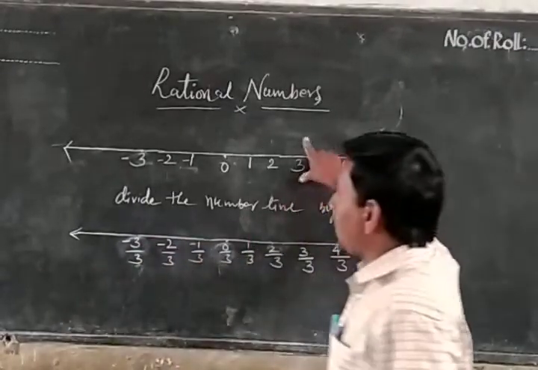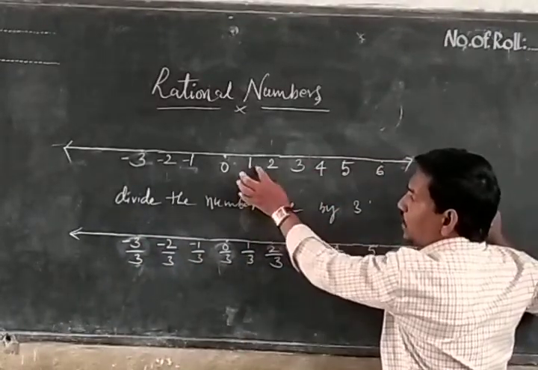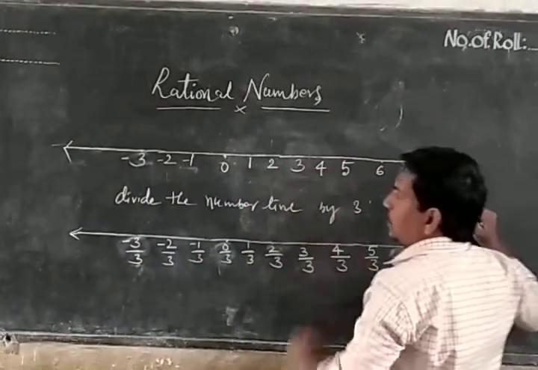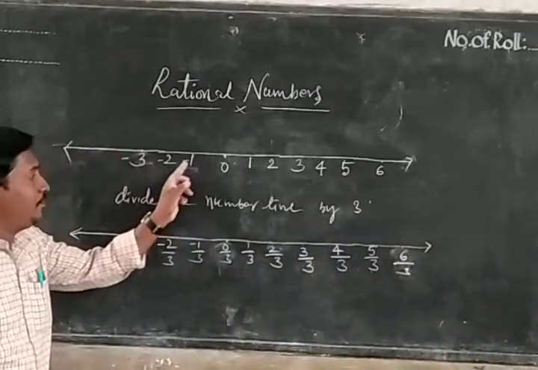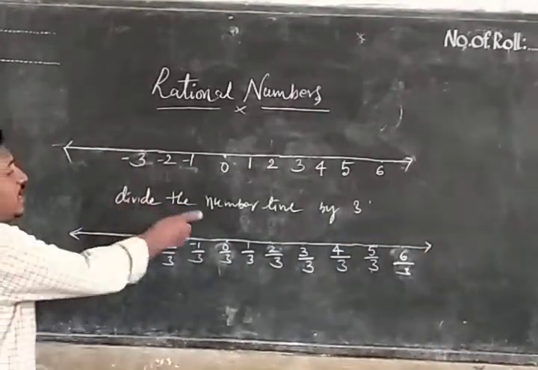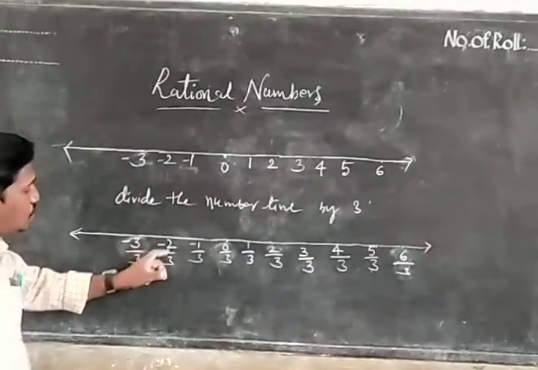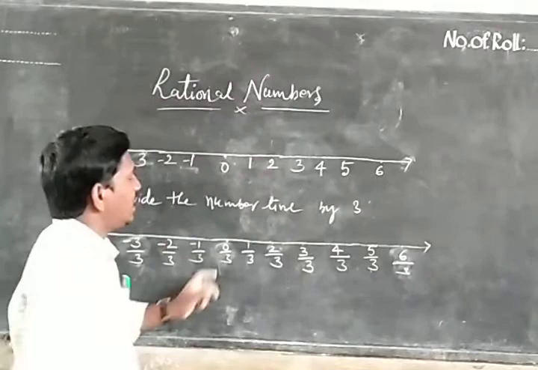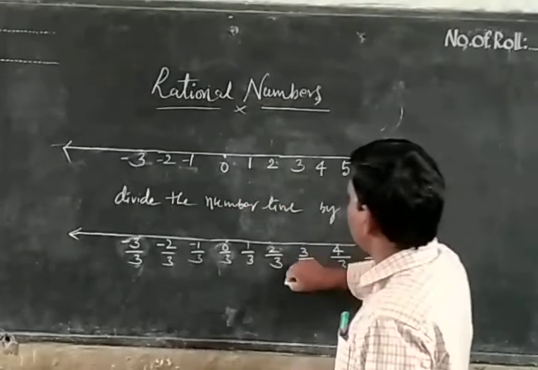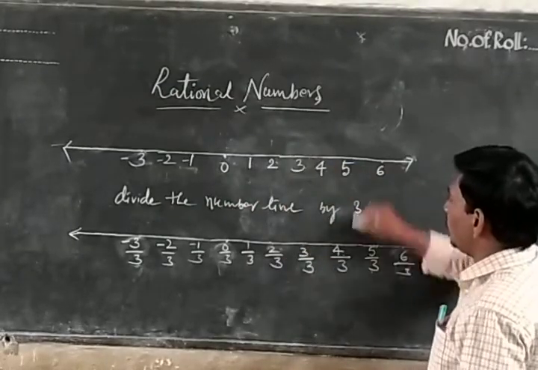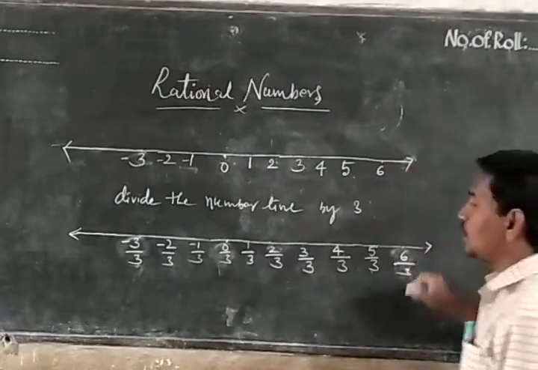So I am explaining again. Take the number line like 0, 1, 2, 3, 4, 5, 6. Here minus 1, minus 2, minus 3. Divide the number line by 3. So minus 3 by 3, minus 2 by 3, minus 1 by 3, 0 by 3, 1 by 3, 2 by 3, 3 by 3, 4 by 3, 5 by 3 and 6 by 3.